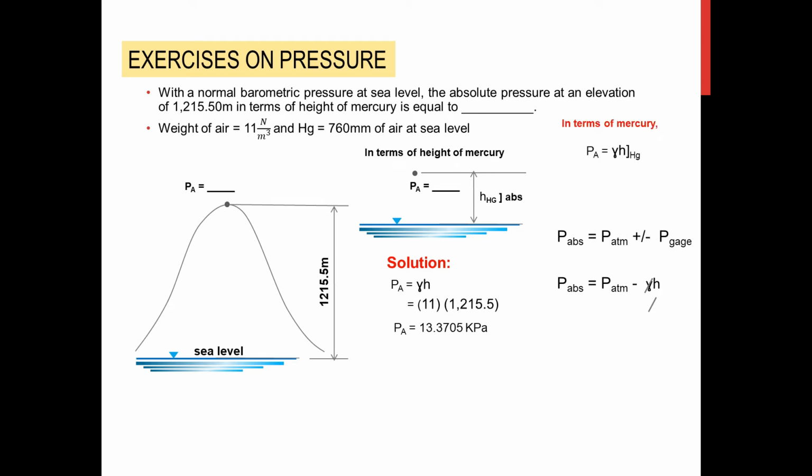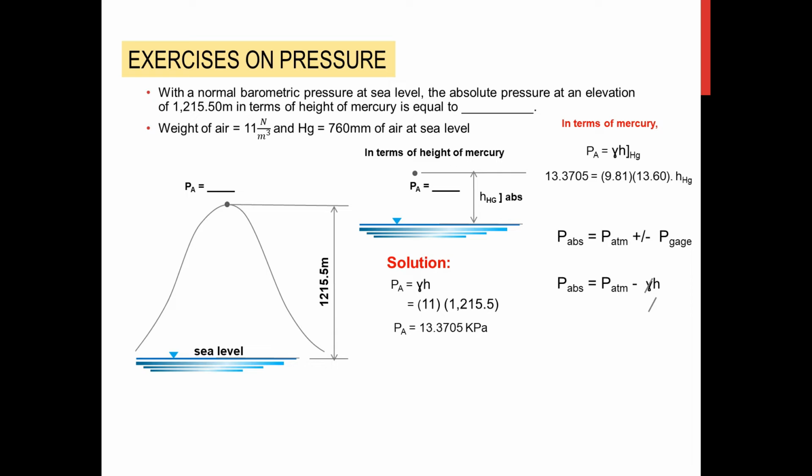So in terms of mercury, the pressure at A is equal to gamma H of mercury. Of course, we just utilize the equivalent PA that we have acquired from the air, that is 11 Newton per cubic meter.